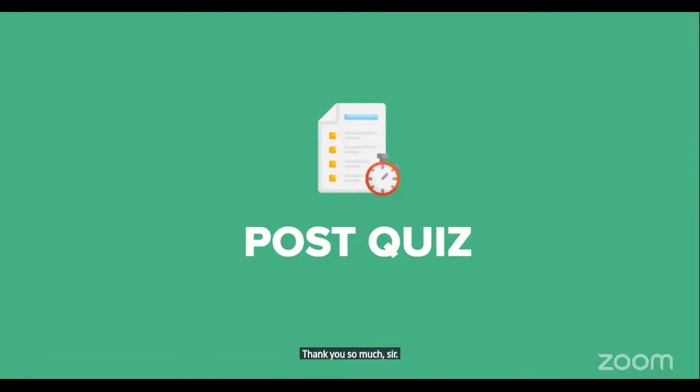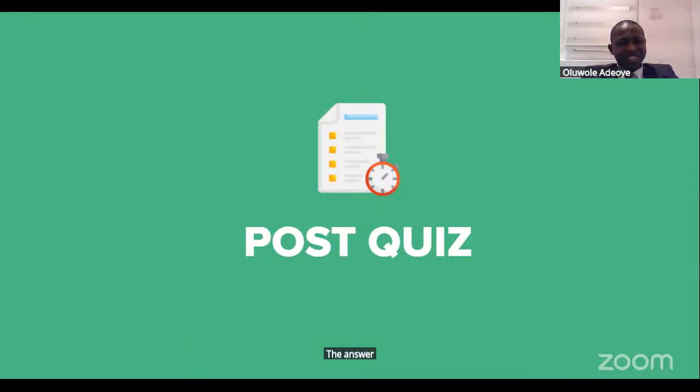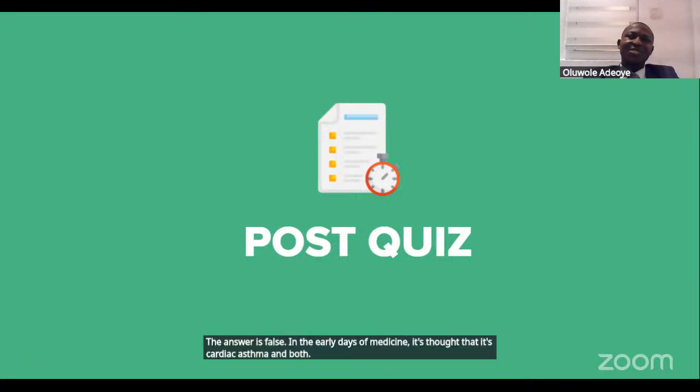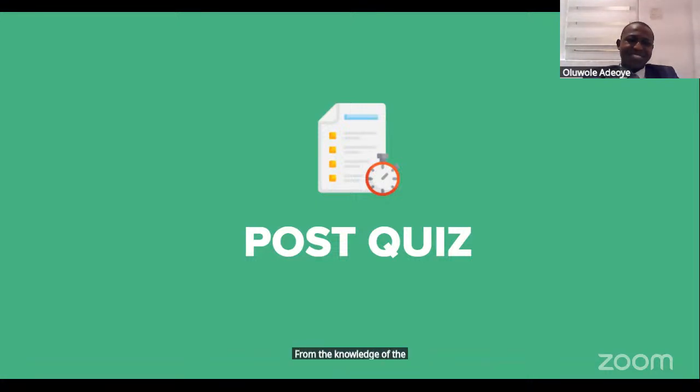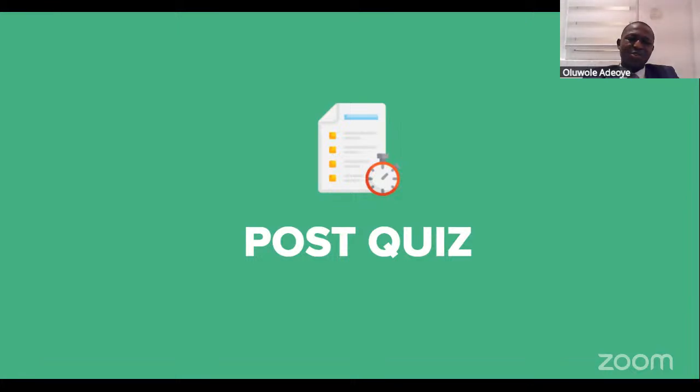Question 2 says, cardiac asthma is a form and a subtype of bronchial asthma. Is it true or false? The answer is false. In the early days of medicine, it was thought that it's cardiac asthma, but from the knowledge of the pathophysiology now, we see that it's strictly not due to obstruction that comes from asthma.